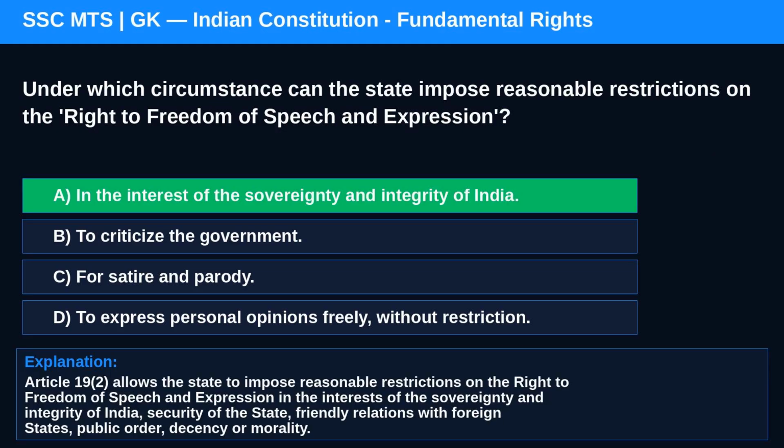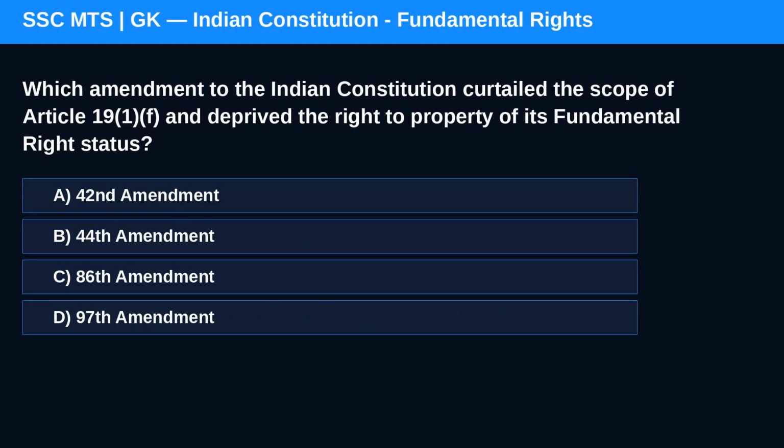Correct answer is A. Article 19(2) allows the state to impose reasonable restrictions on the right to freedom of speech and expression in the interests of the sovereignty and integrity of India, security of the state, friendly relations with foreign states, public order, decency, or morality.